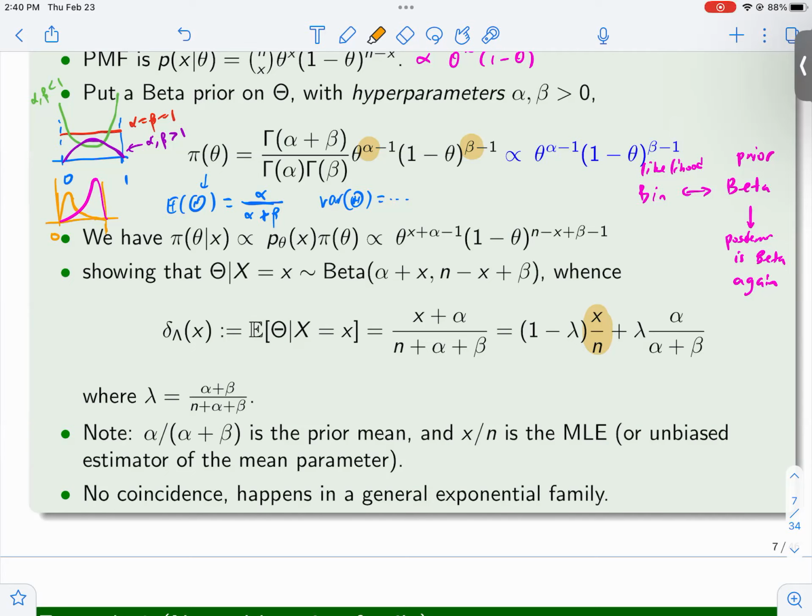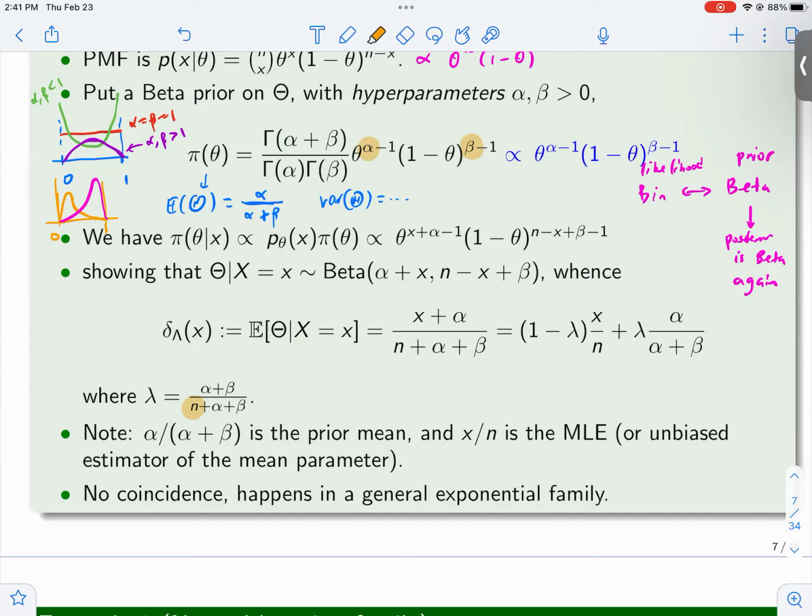You can see as n grows, lambda is going to go to 0, so 1 minus lambda is going to go to 1. At the start, when the sample size is 0, lambda is 1, so this term is gone, and you just have the prior mean.